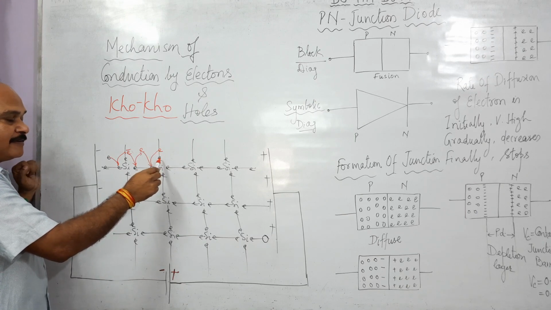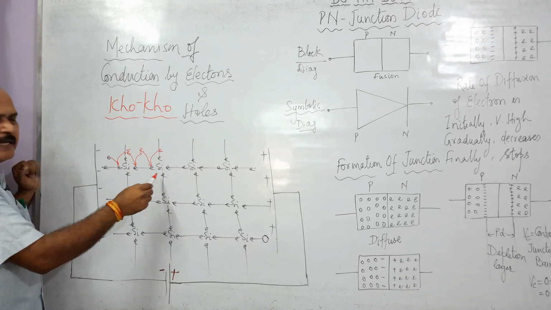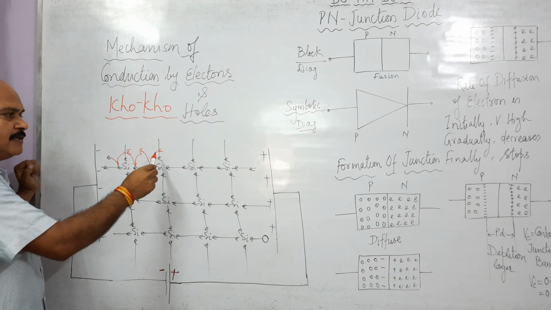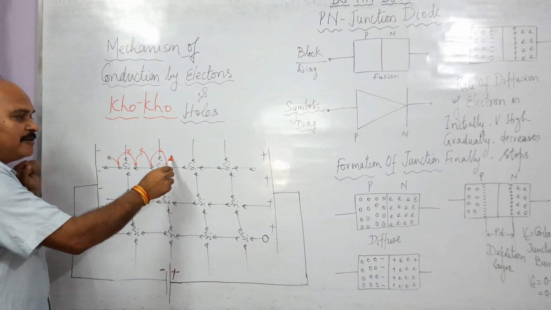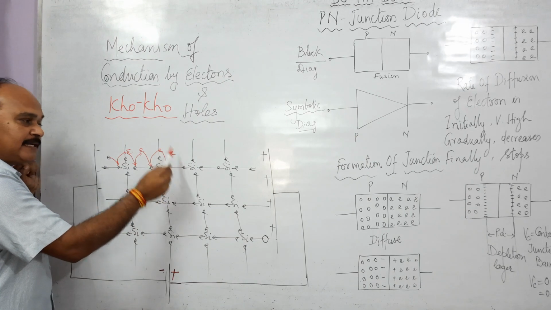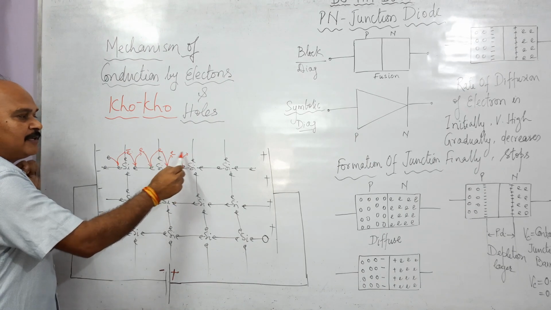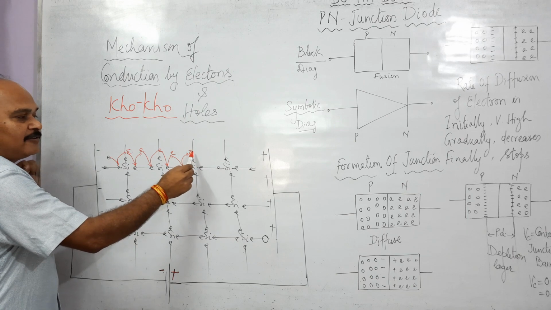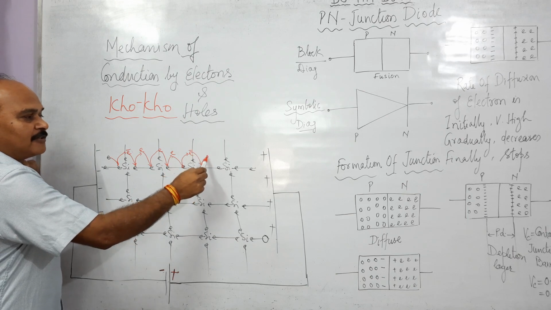This electron can push any of these three electrons. All these are degenerated electrons. If this electron says Kho to this electron, it becomes free. And this electron says Kho to this electron, it itself sits here, but this electron becomes free. This electron says Kho to this electron and it becomes free.